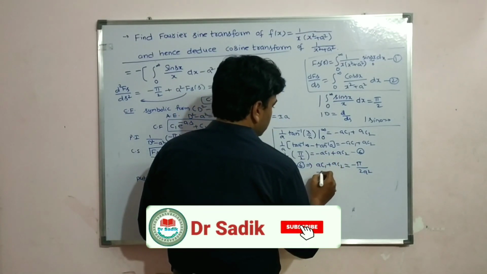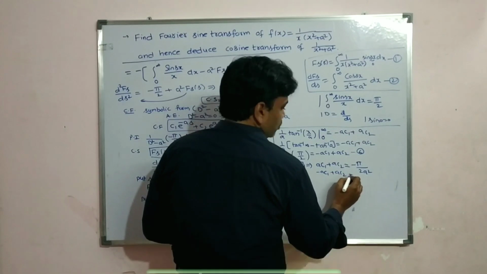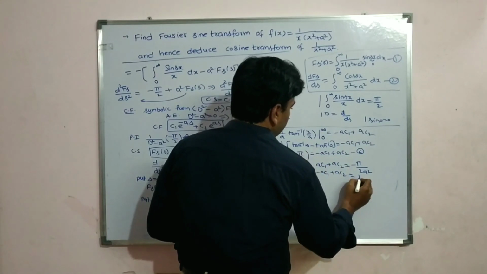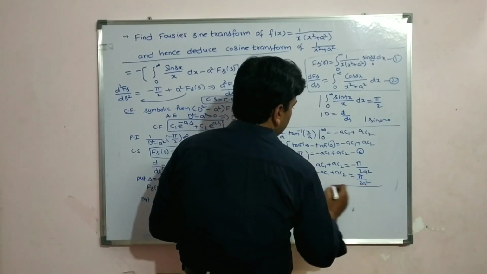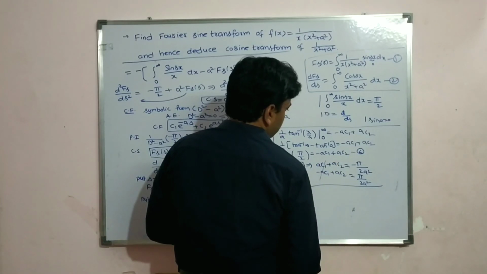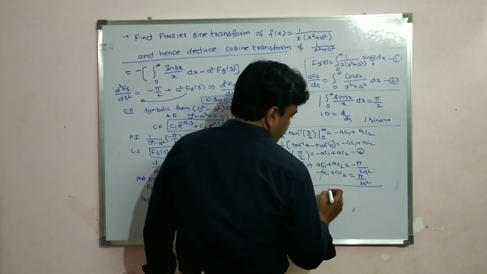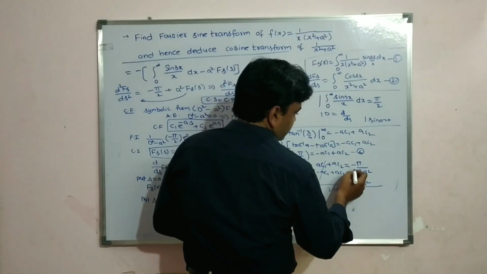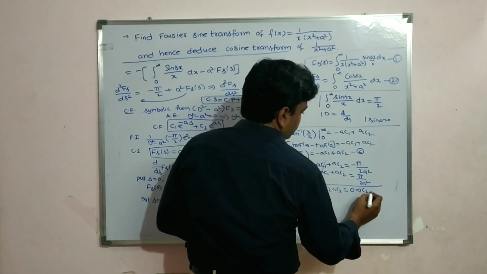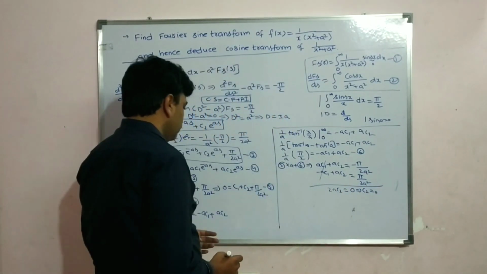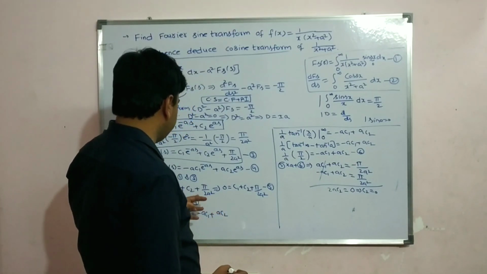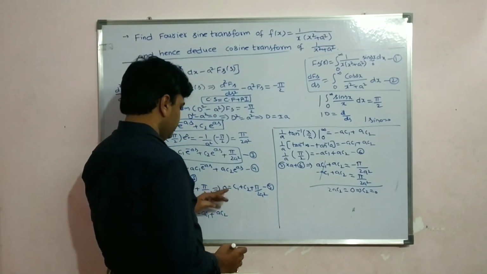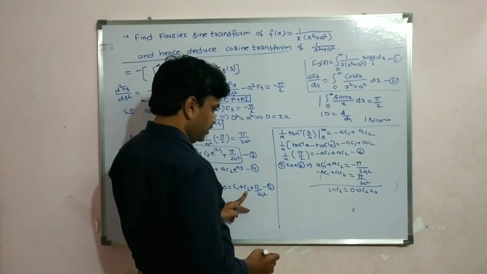What is equation 6? −ac1 + ac2 is equal to π/2a², adding: ac2 + ac2, so we get 2ac2 equal to, cancel, so we get c2 value is 0. Whenever c2 value is 0, see students, c2 value is 0 here.